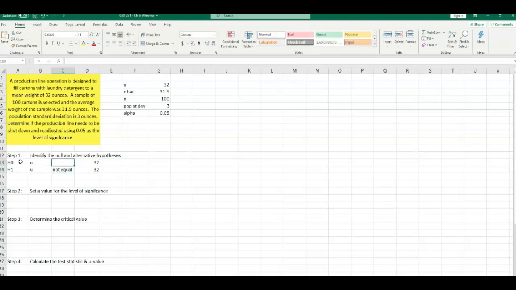So we are going to have our mean equals 32 and our mean does not equal 32. Because both ends of that spectrum would be unacceptable for us. Now, step 2 was just to set a value for the level of significance. We already did that. Our alpha was 0.05.